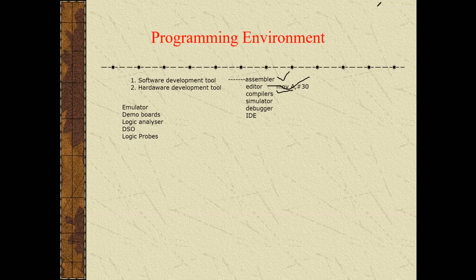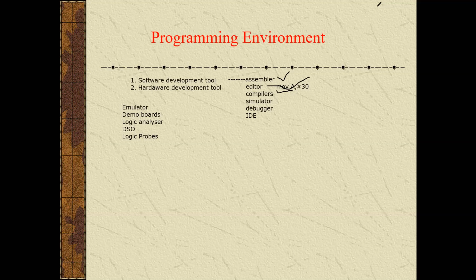So basically, the debugger is a program which permits the user to load the object code program into the system memory, execute the program and debug it. It also permits changing the register contents and memory locations.